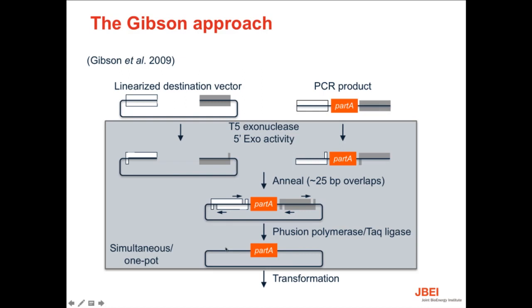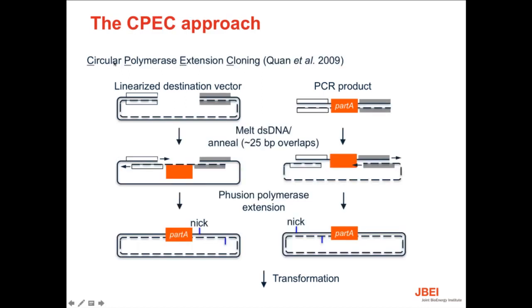There are other methods too, like the CPEC approach, circular polymerase extension cloning. Again, very similar types of input sequences. The way that this works is a little bit different. It's almost like PCR thermal cycling, where you melt the double-stranded DNA into single-stranded, and then maybe the top strand of this PCR product or synthetic DNA fragment would then be annealing with maybe the bottom strand of the vector.